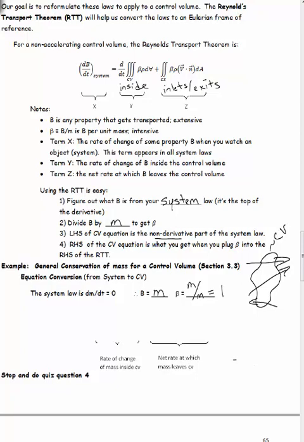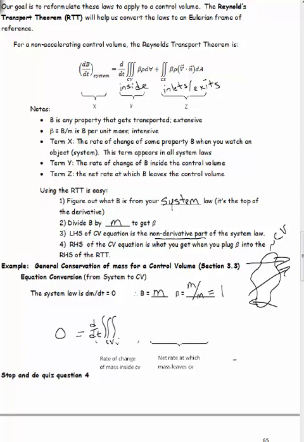Okay, so our final control volume law for conservation of mass: the left-hand side of the control volume equation is the non-derivative part of the system law. Non-derivative part, well, that's 0 for conservation of mass. So 0 equals, and then we have our y part, what's going on inside. So we aren't going to write the d dt part. We just use that to figure out what B is. So it's 0 equals the y here. So d dt, the triple integral, because that's over the whole control volume.